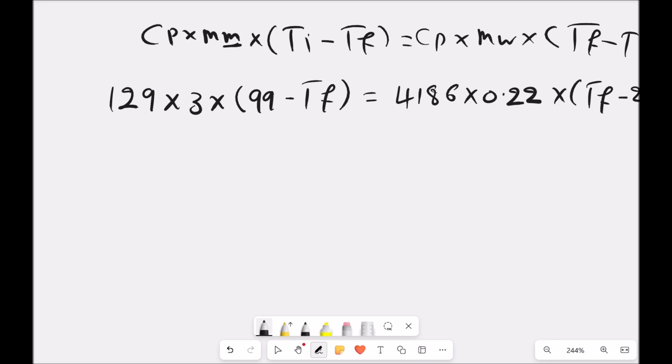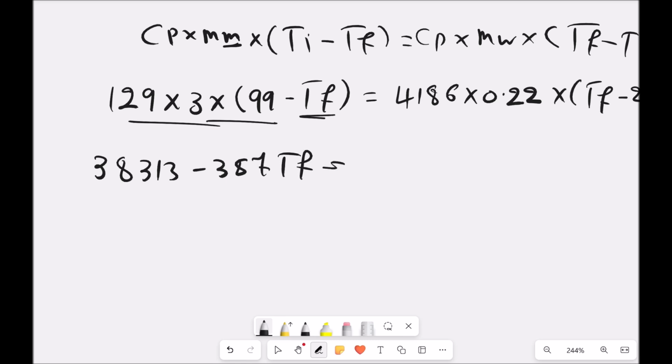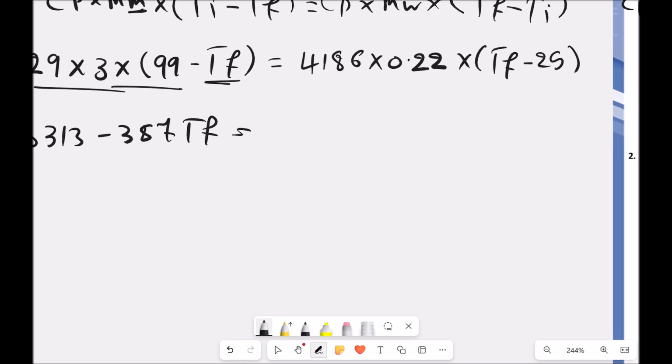Multiply this with this one. You get 38,313. Then minus T final, we have 387 T final. This is equal to 920.92.